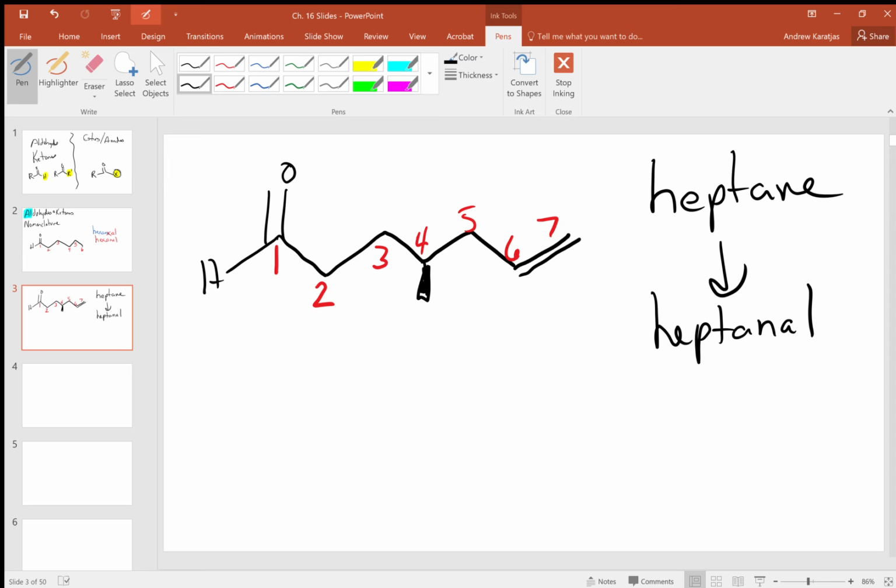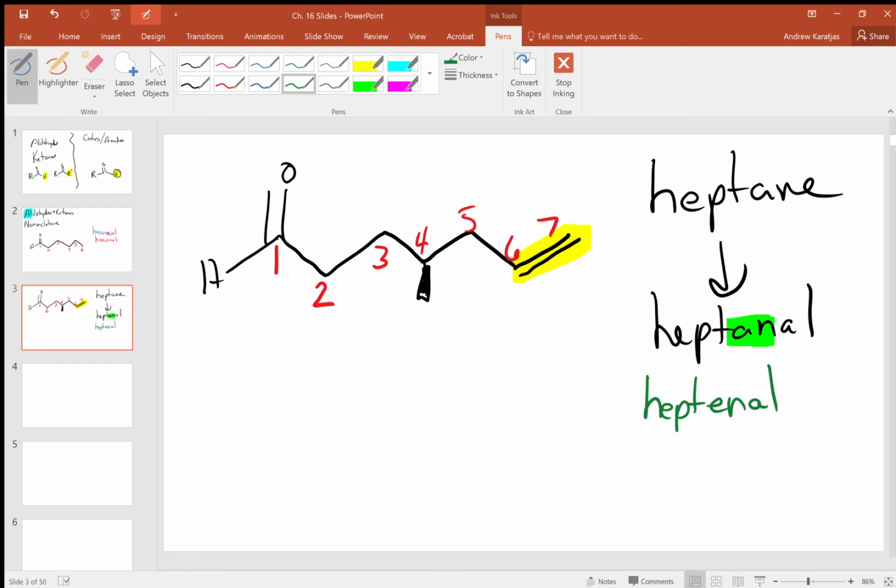Now this molecule also has an alkene in it. And as we saw before with alcohols, if we had an alkene, the alkene also gets included in the name. And we do that here. So our heptanal becomes heptenal.